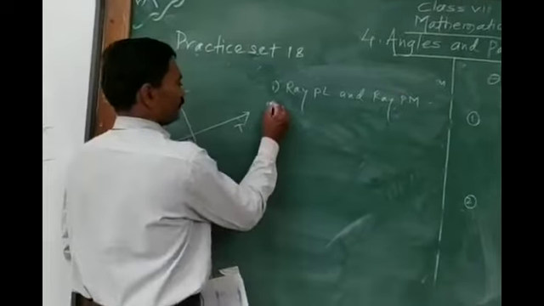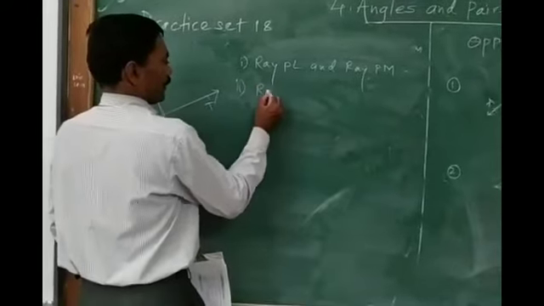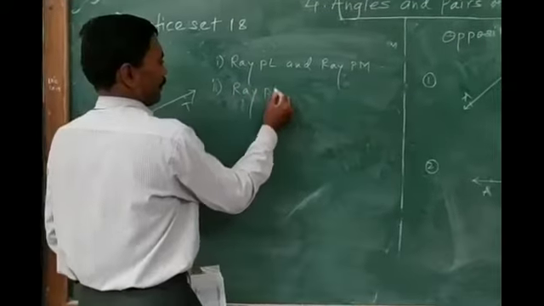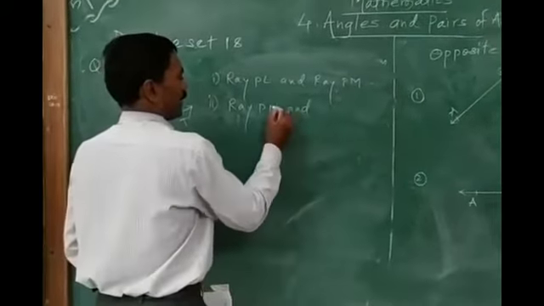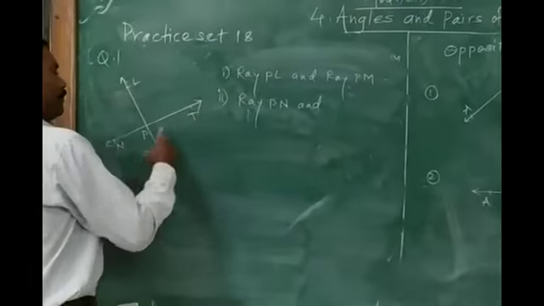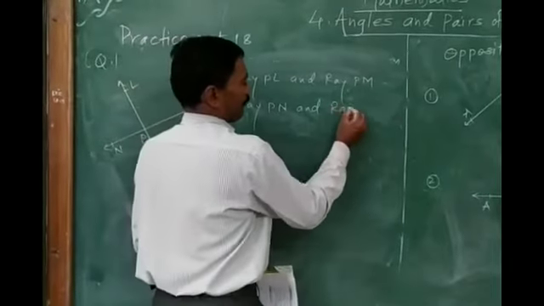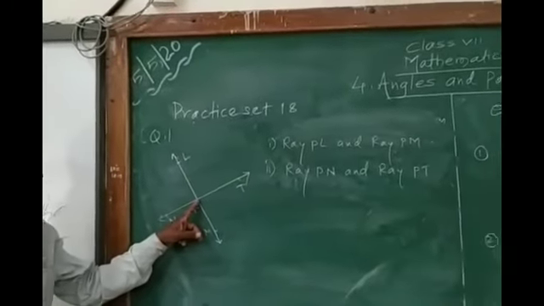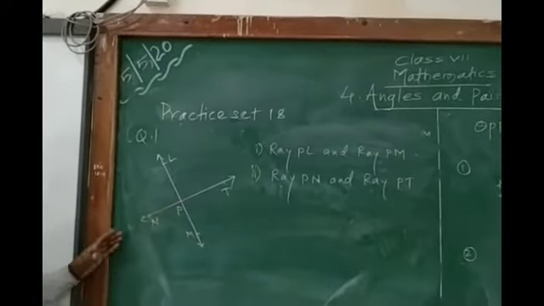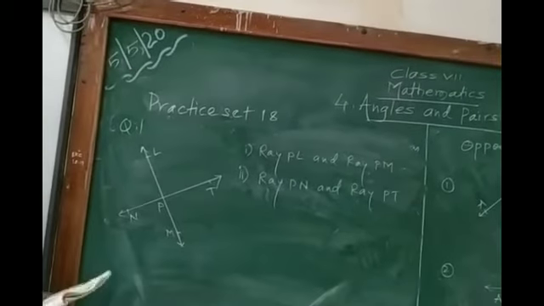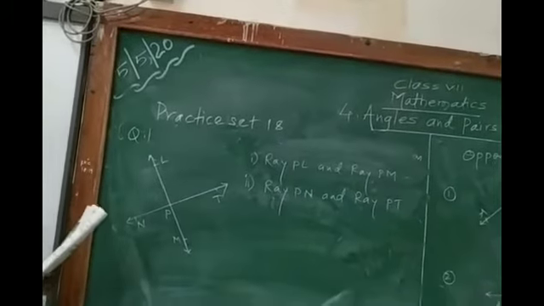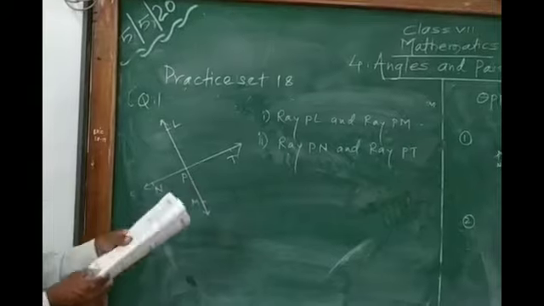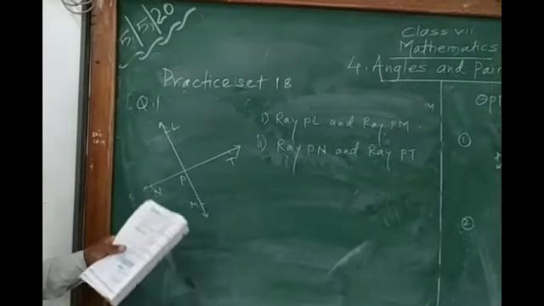Second, ray PN and ray PT. They have got origin common P and they form straight line. Therefore, these are the pairs of opposite rays in the figure given.